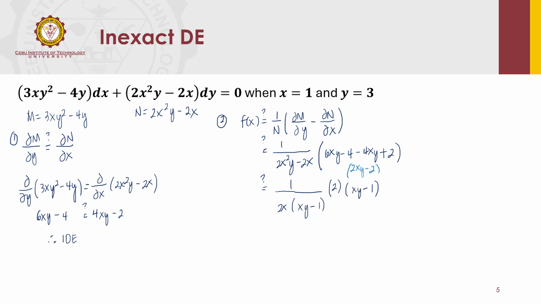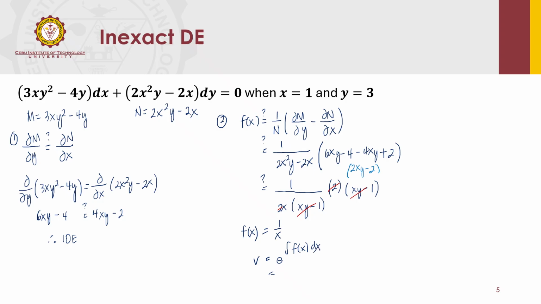So we have the same factor, and this also has 2. Therefore, the result is 1 over x. So it's a pure function of x. Therefore, we are going to use the integrating factor e to the integral of f of x dx.